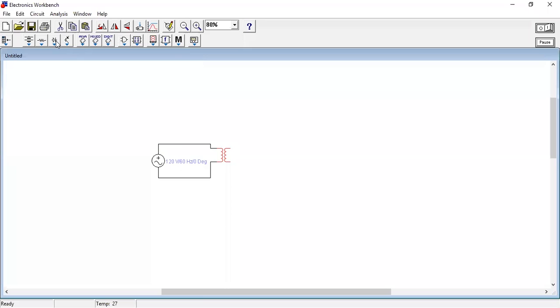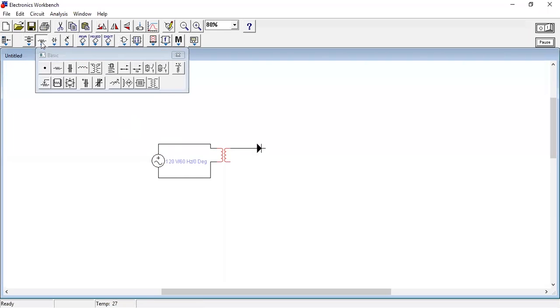Double click and connect these two terminals, and then we want a resistance. We take it and we want to rotate it, so right click the symbol and rotate. Then we can connect the diode to the resistance.